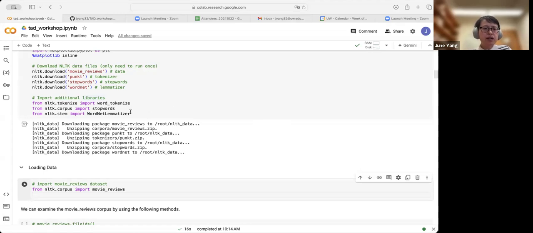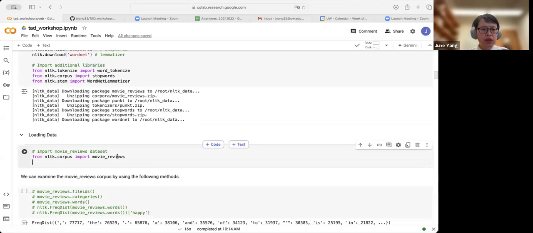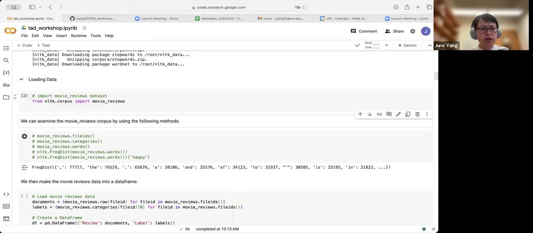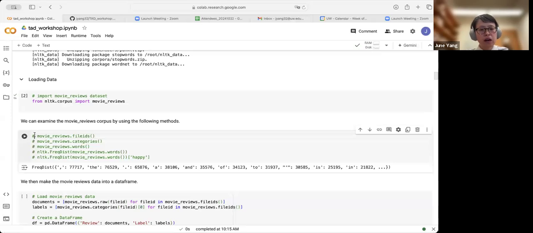WordNet lemmatizer is a lemmatizer which helps us reduce a word to its root form. I'm also going to import the movie reviews data set, which we use as an example in our tutorial today. So if we want to examine the movie review corpus, note that this is a Python object, right?